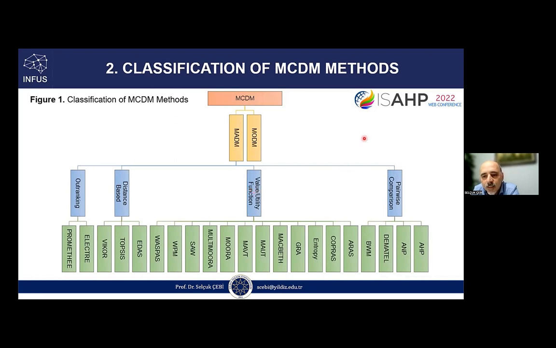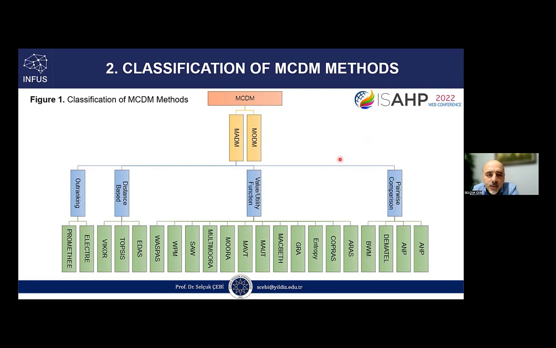In general, MCDM methods are divided into multi-attribute decision-making methods and multi-objective decision-making methods. Multi-attribute decision-making methods are called discrete MCDM, and multi-objective decision-making methods are also called continuous MCDM methods.